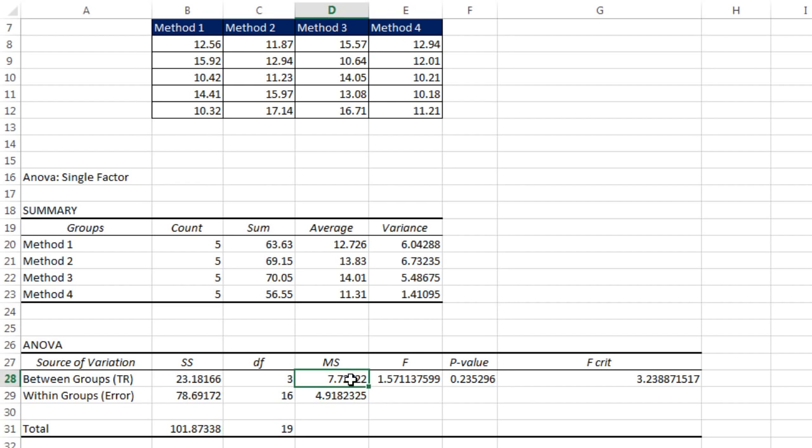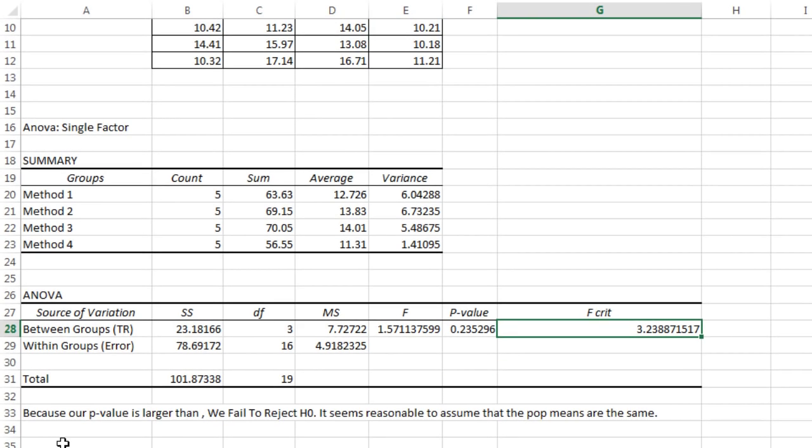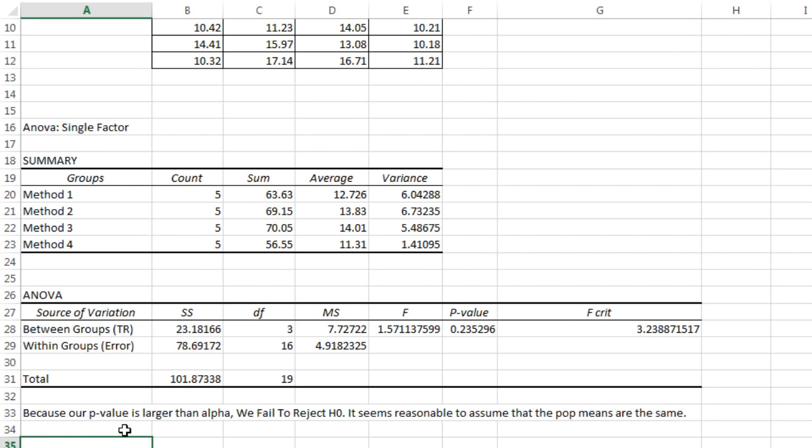There's our mean square for the treatment, mean square for the error, our F-test statistic, probability of getting that test statistic or more. It's huge. And there's our F critical value. So in all three cases, of course, we got the same numbers, the same answers. Because our p-value is larger than our alpha, we fail to reject the null hypothesis. It seems reasonable to assume that the population means are the same.